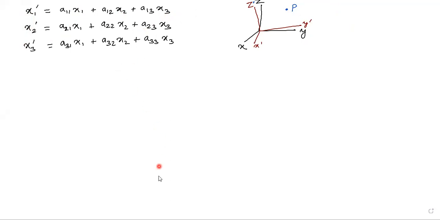Okay, and we saw that for Cartesian tensors, we have this relation: xi prime equal to aij xj. This is for Cartesian tensors. Okay, then we had another relation for non-Cartesian tensors.